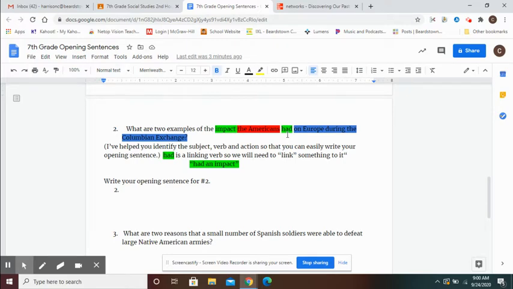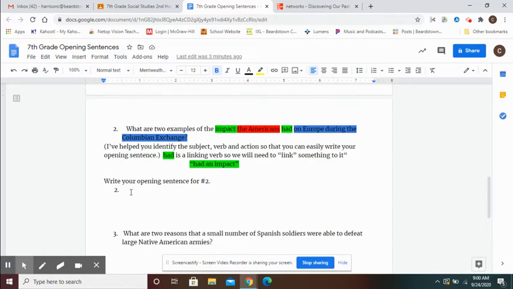It's not an action. If we have a linking verb like had, we have to link something to it so that our sentence will make sense. In this case, what did the Americans have? They had an impact. And I've got that on there.